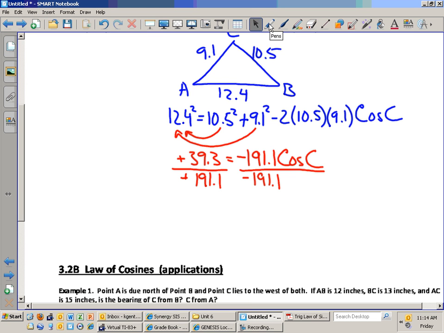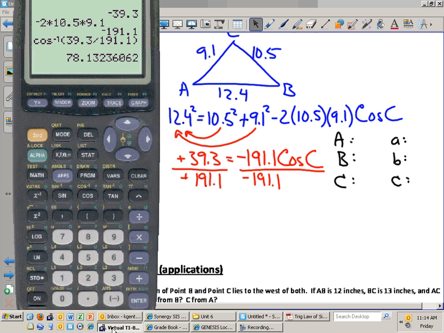Looks like I need to write down my values. A, B, and C. It doesn't matter.